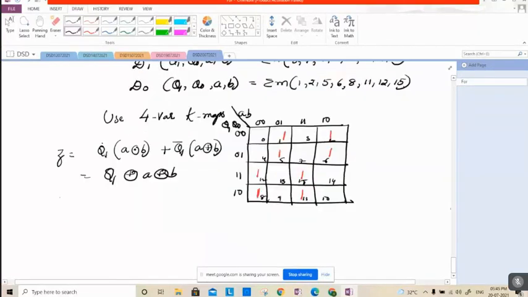Right. So Z is also equal to D. So the D0 is the same: Q1 XOR with A XOR with B.